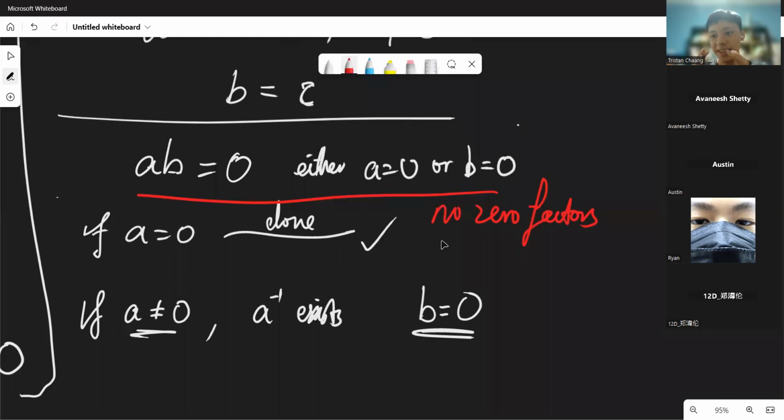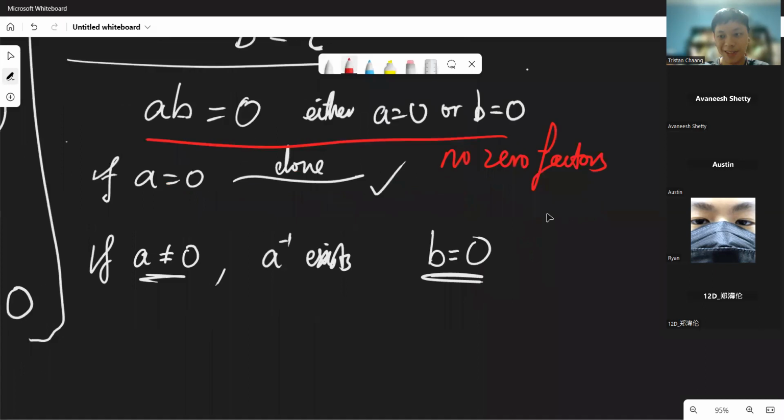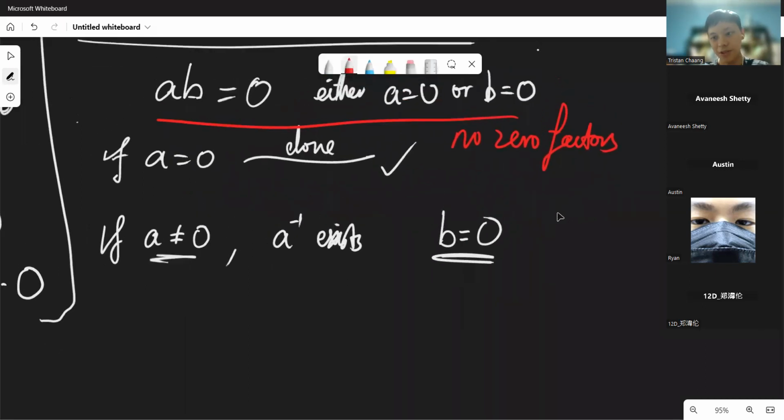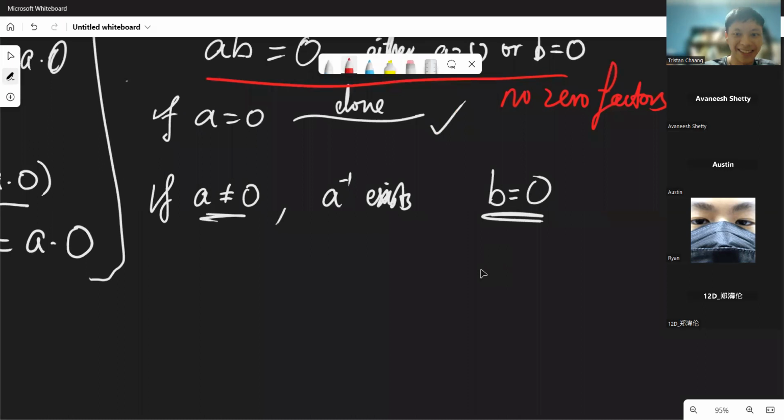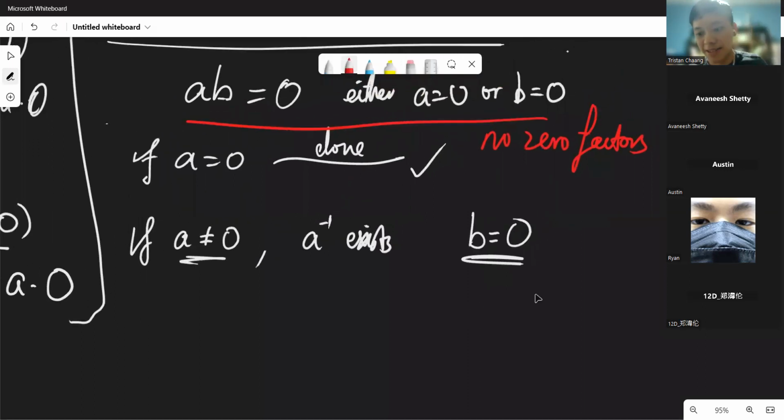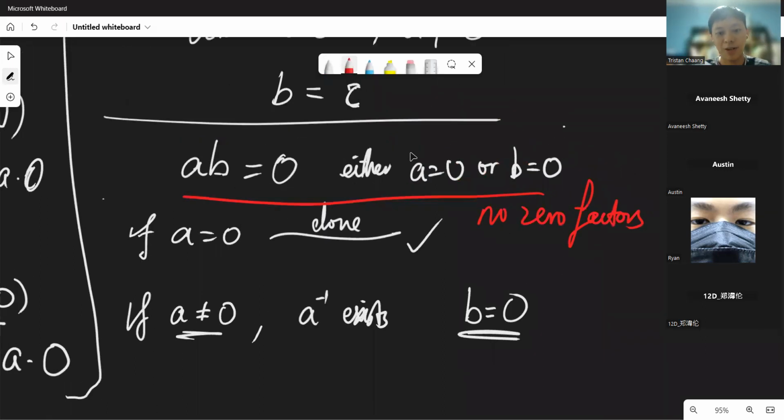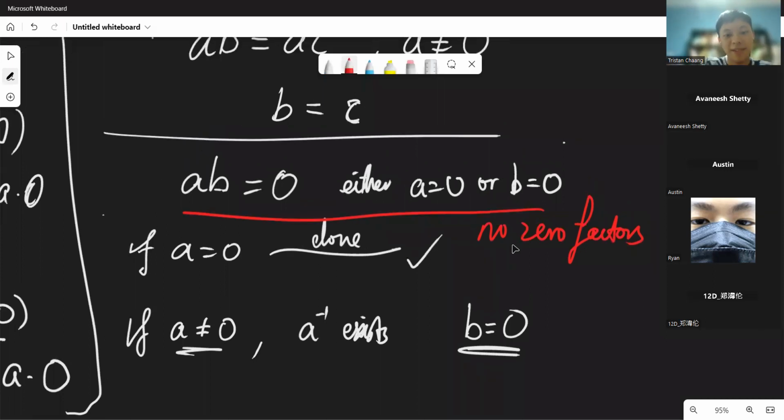There is an actual technical name for this, but I don't want to confuse you. But if you want to know, it's called integral domain. But you don't have to know that name. Someone asked whether either means A and B can't be both. No. In maths, when we say or, we also include the case where both of them are true. Okay, it's disputable, so I'll just not write either.